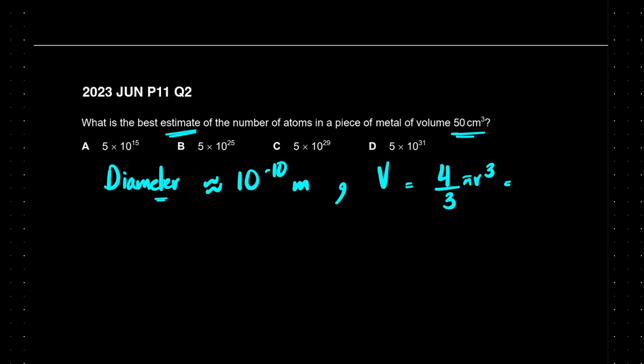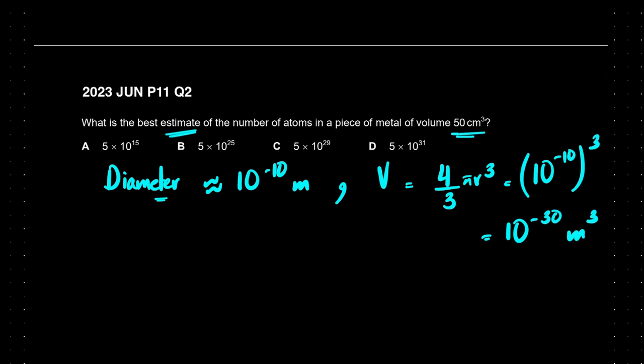But if I am going forward with this idea that it is in fact an estimate, I can choose to omit all of this 4 by 3 pi and just work on this. If this is 10 to the negative 10, raised to the 3, this is really going to be 10 to the negative 30 meter cube.